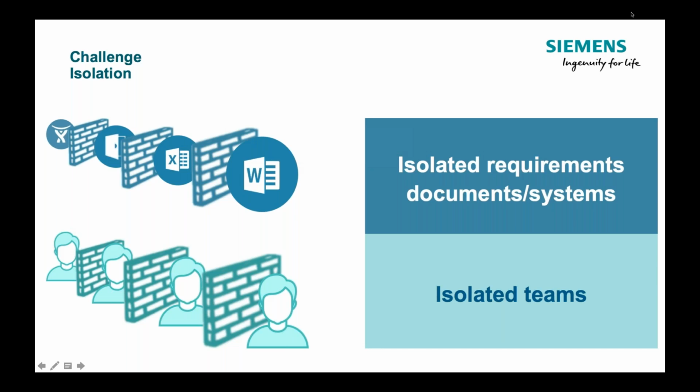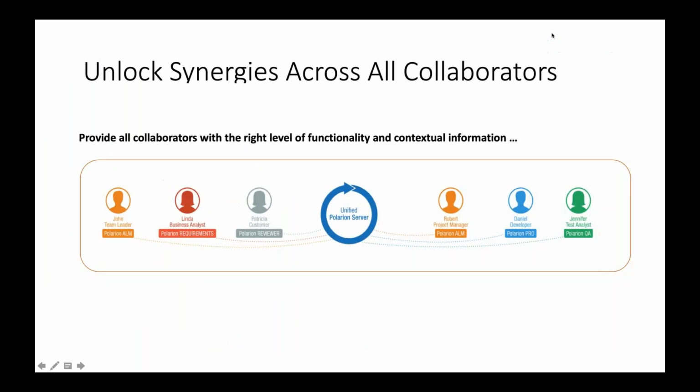With Polarian, we can unify all the teams, and the data will be stored in the same system. This will allow different stakeholders or participants of the project collaborate inside the same environment. So it can be team leader, business analyst, customers, project managers, developers, and test engineers. They all will see the same data.